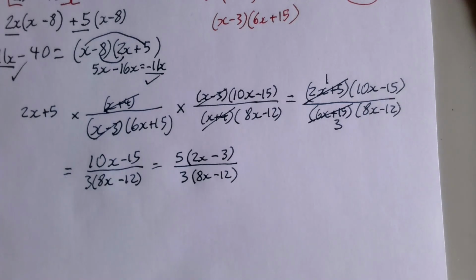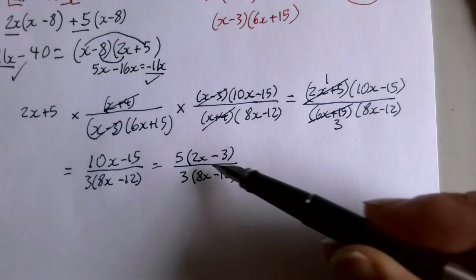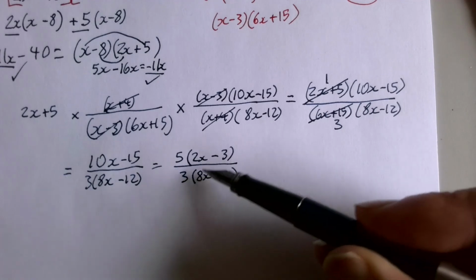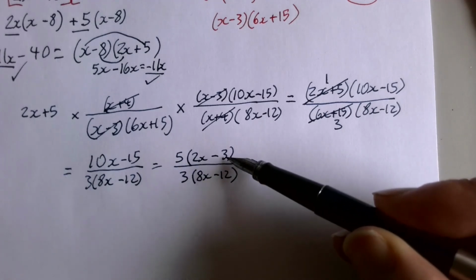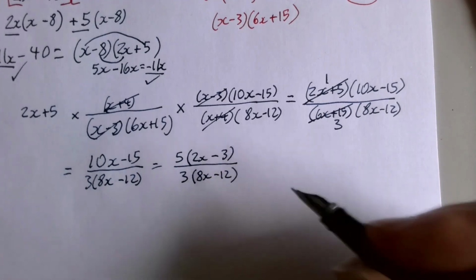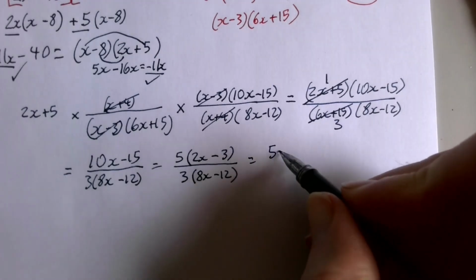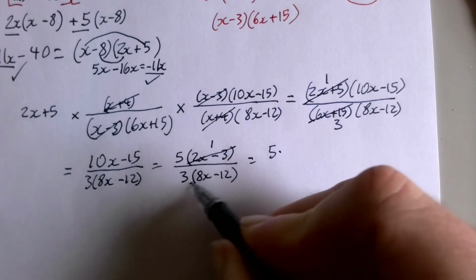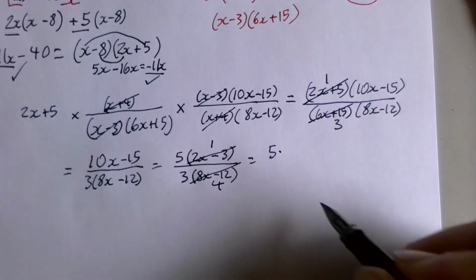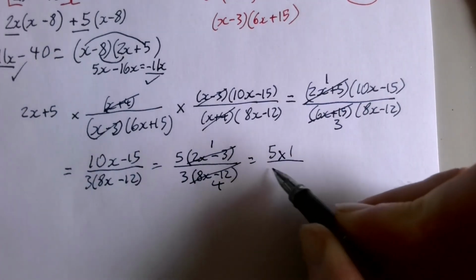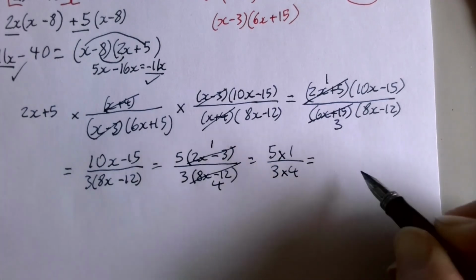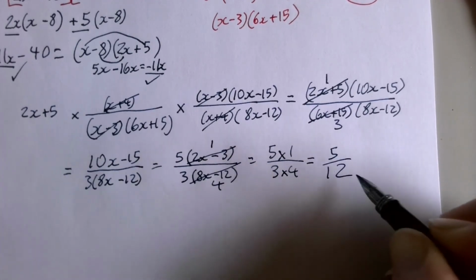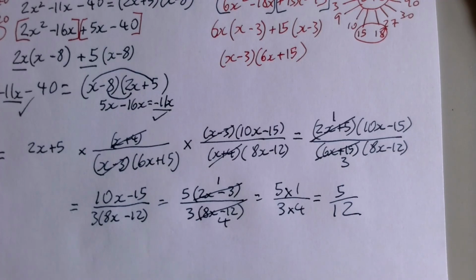And having a little look at this, let's look at the brackets again. 2 times 4 is 8, so 2x times 4 is 8x. 3 times 4 is 12, so we could divide that exactly 4 times into that. So that's going to be 5 times 1. That's going to be 3 times 4, which gives me 5 over 12.